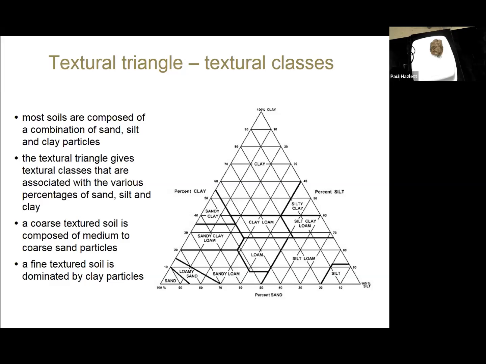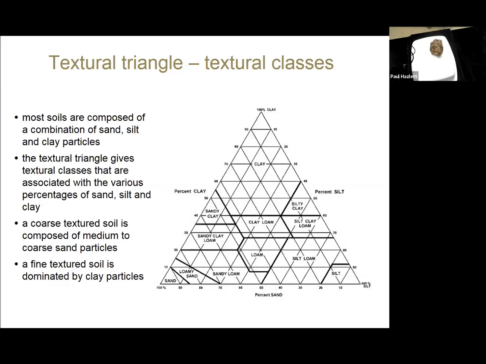Okay? So this textural triangle gives us, as I said, the textural class for any different combination of amounts of sand, silt, and clay within a sample. And some other terminology that we use: when we talk about a coarse textured soil, we're really talking about a sample that's composed of medium to coarse sand particles.